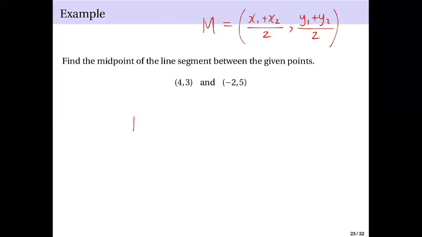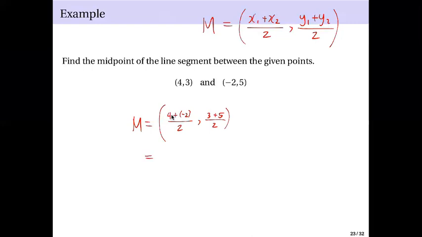Therefore, M in here, using the formula, it's just 4 plus negative 2 divided by 2, comma, here you have 3 plus 5 divided by 2.